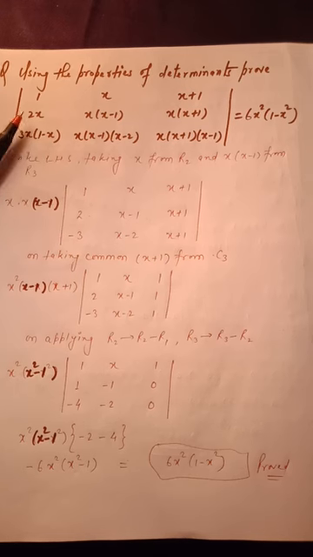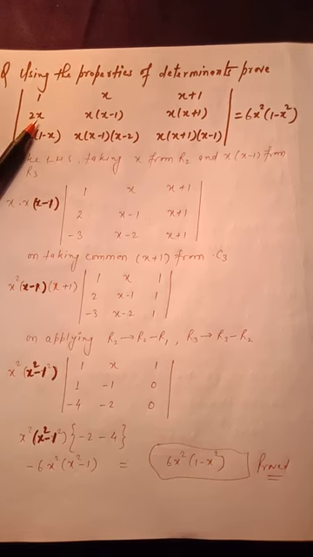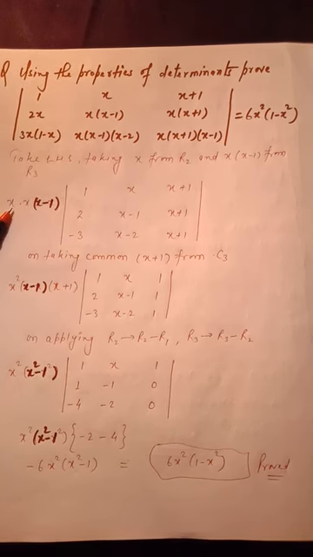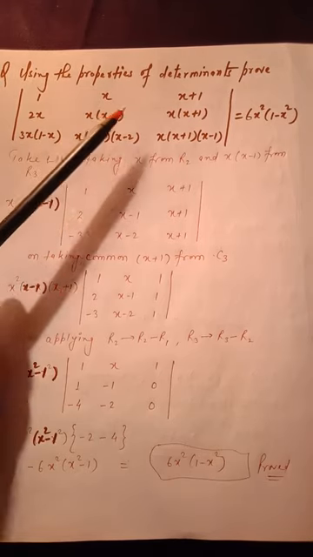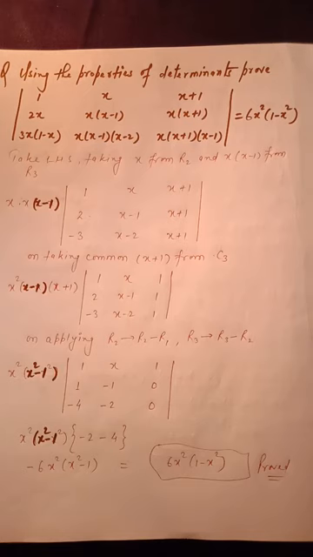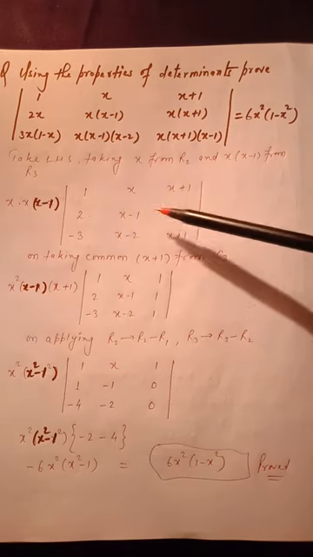So I am taking x common from row number 2. So I am writing x here. So we will get 2, x minus 1, x plus 1, right? 2, x minus 1, x plus 1.